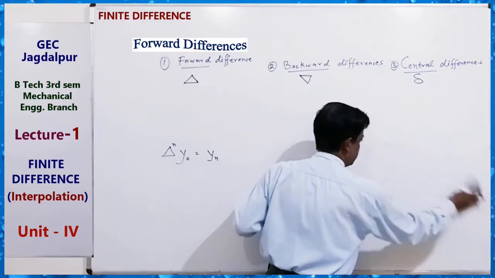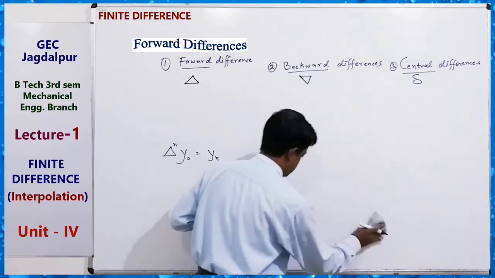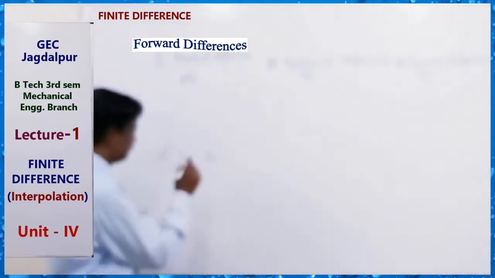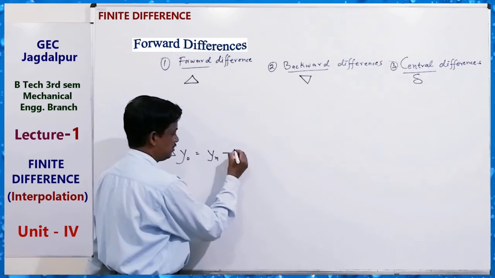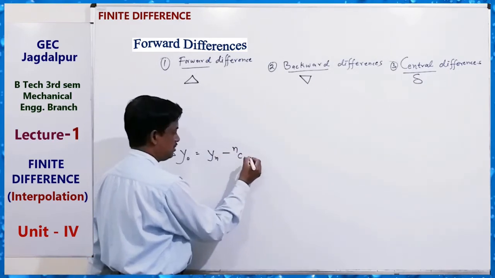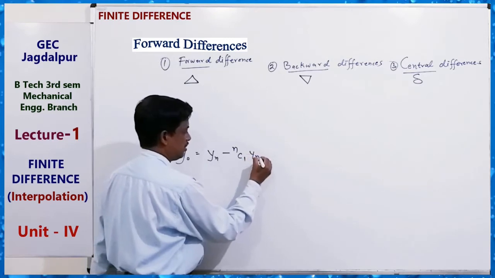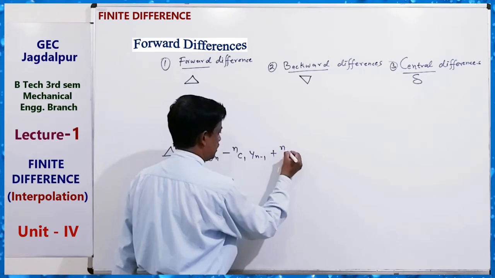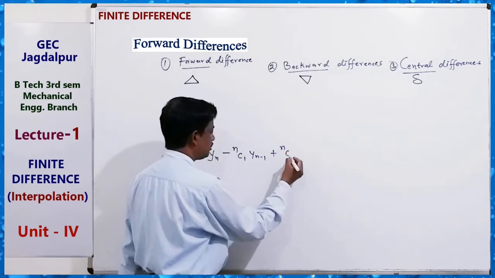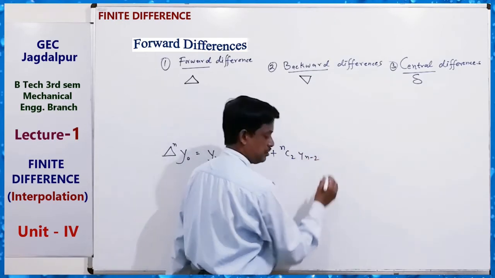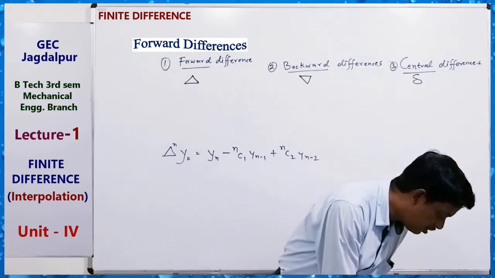So we can write the differences like this: y n minus nC1 y n minus 1 plus nC2 y n minus 2, and so on. This type of formula we can get.